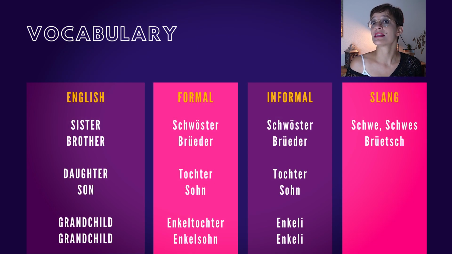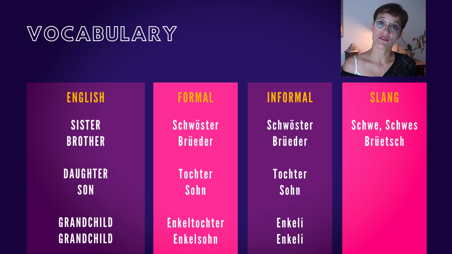Next comes sister and brother. Sister, the formal version is Schwester. Informal, you would also say Schwester. And slang, we sometimes say Schwä or Schwäs. Then the brother, Bruder, Bruder or Brütsch.